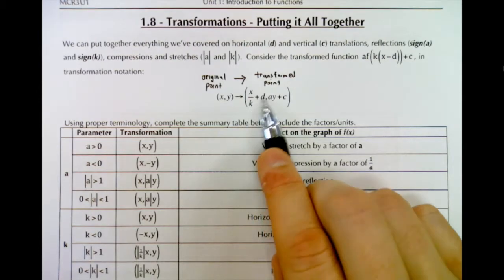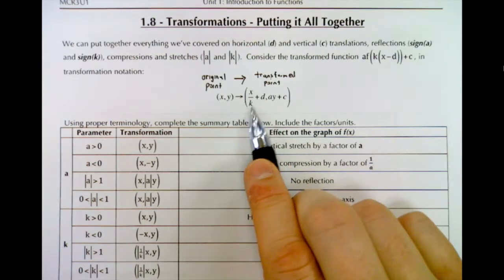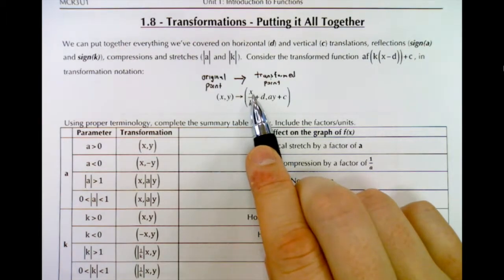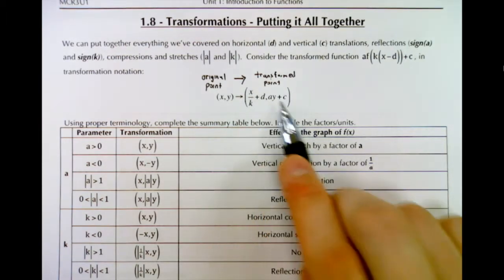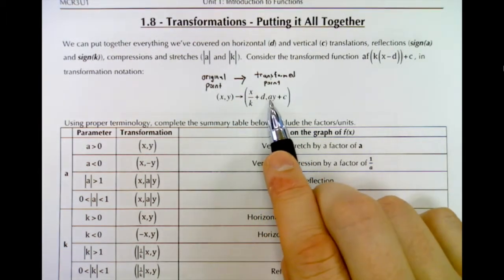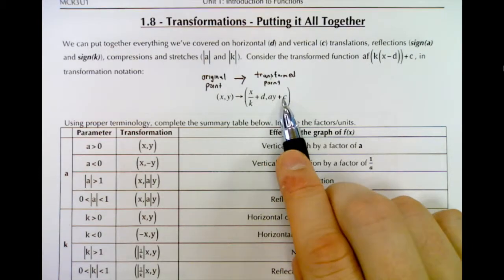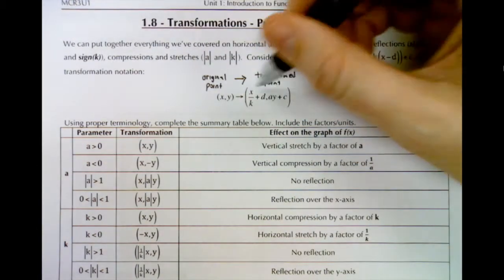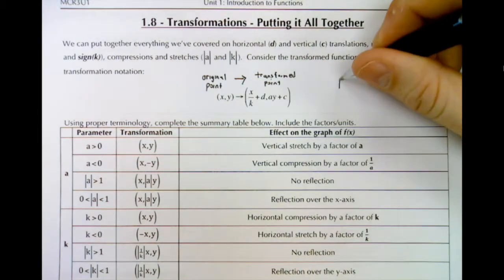Remember, k and d act on x: horizontal stretch and compression, horizontal translation. X is horizontal. Y, vertical stretch or compression, that's what a is, multiplier on y, and then adding c, vertical translation. This notation here, x over k plus d, ay plus c, is called mapping notation.